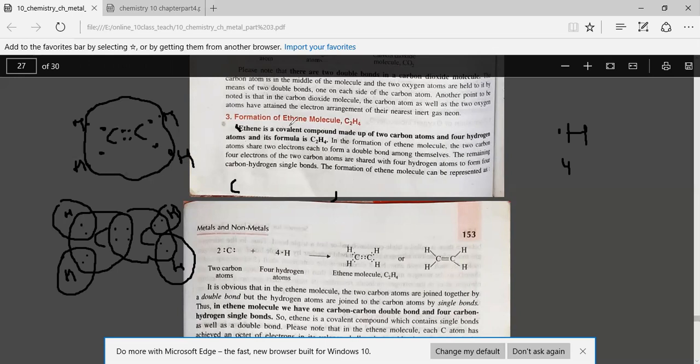You can write this also, and at last you have to write this.